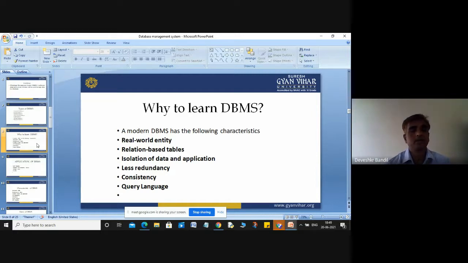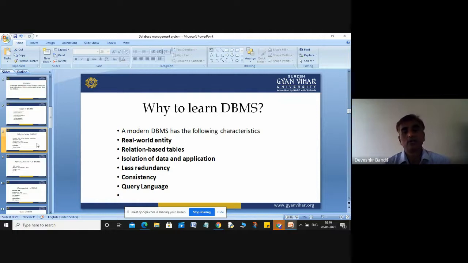And relation based tables: your DBMS allows entities and the relationships among them to form tables. The relation is defined in table format, in row and column format.